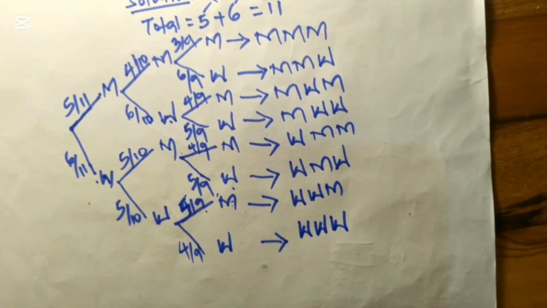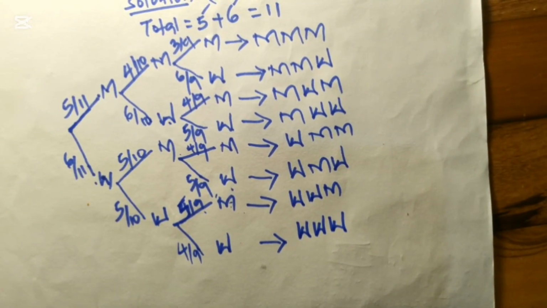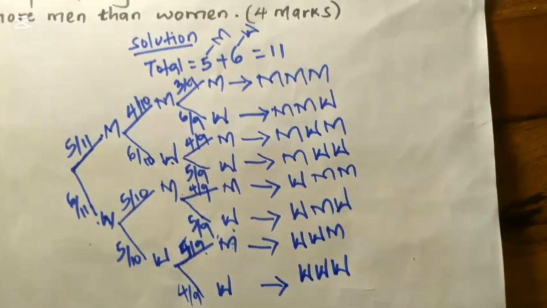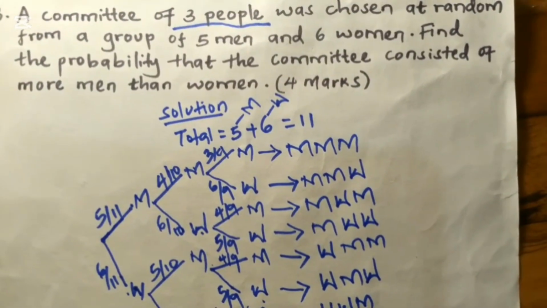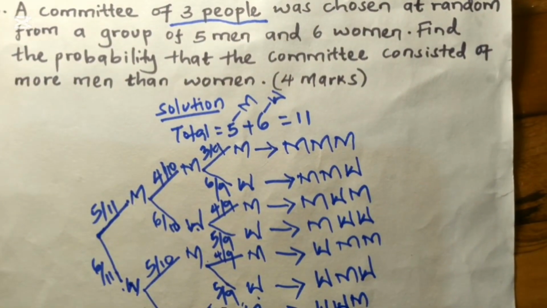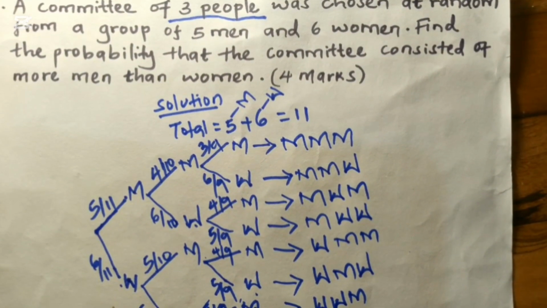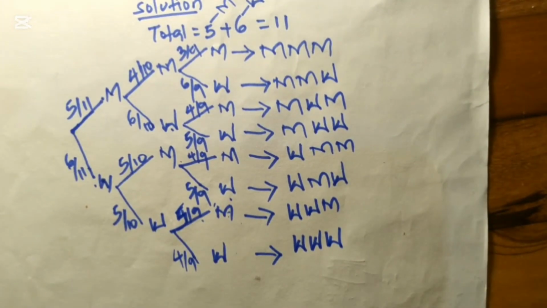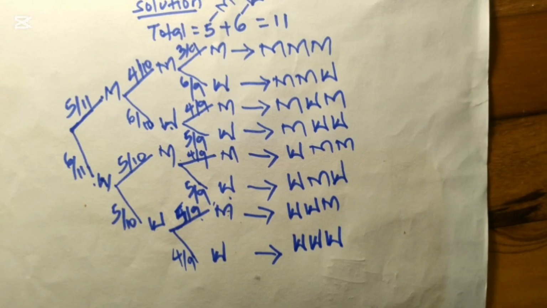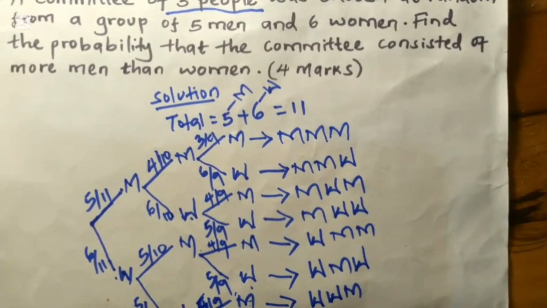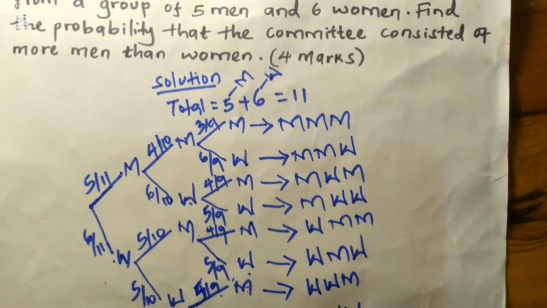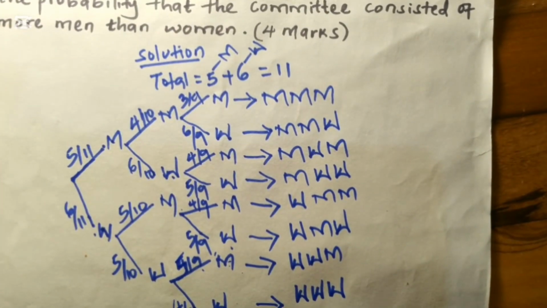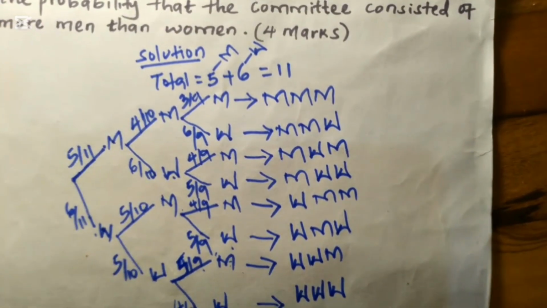Are you sure? Okay, so let us go back to our question. Find the probability that the committee consisted of more men than women. So look at our possible outcomes. More men than women means that we are supposed to see 2 men here, because remember the committee should have a total of 3.